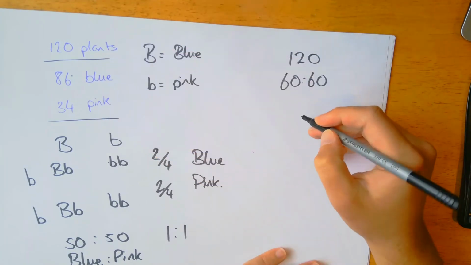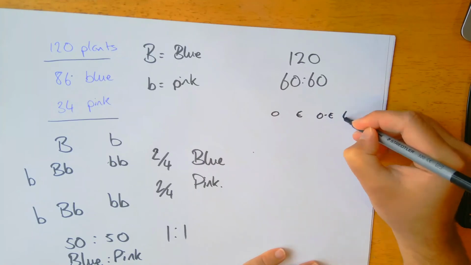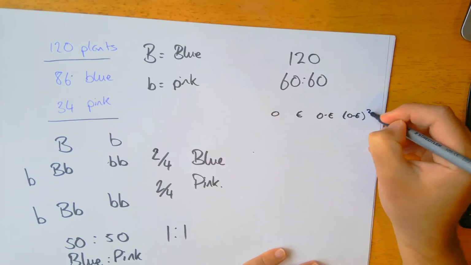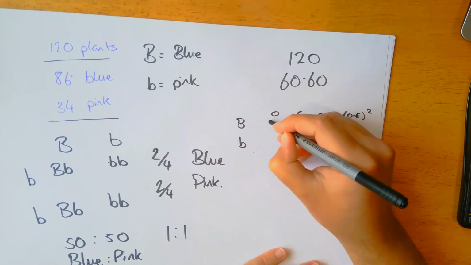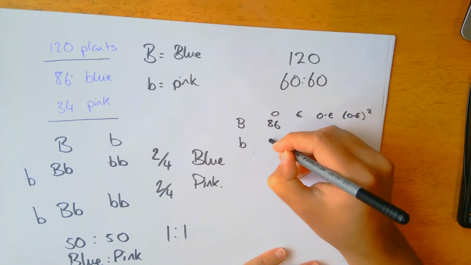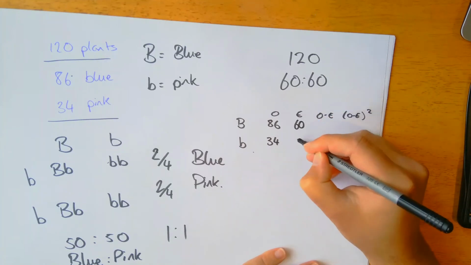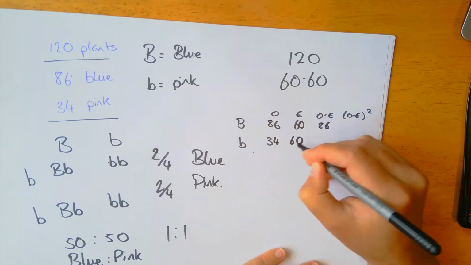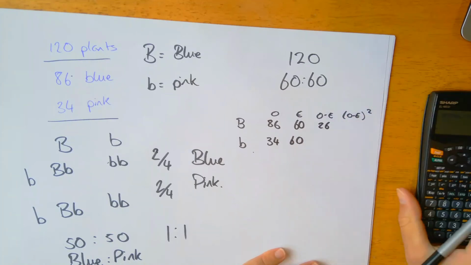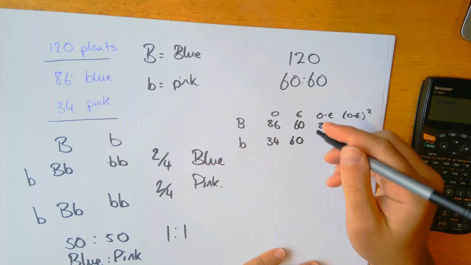So in our chi-squared setup, the observed for blue and the observed for pink. So the observed for blue was 86 and for pink was 34. The expected that we would see was 60 and 60, and we do our O minus E. Our O minus E, and I'm going to do that in the calculator again. 26.